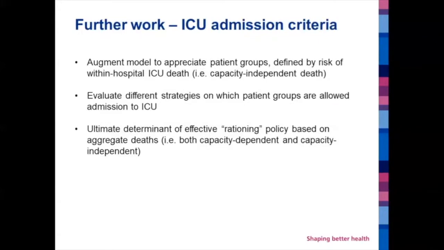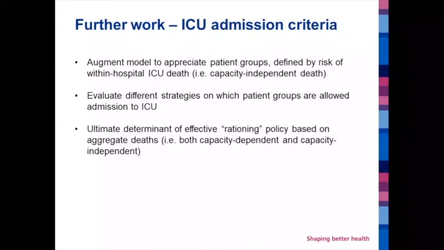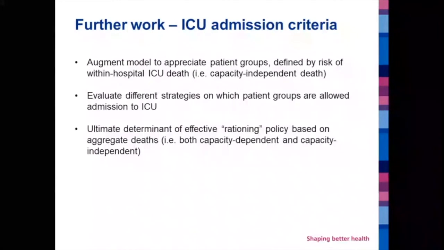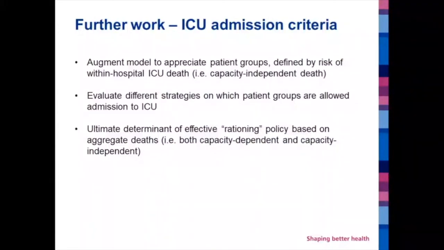So rather than treating everyone quite similarly, we set up patient groups where we can mark those groups based on different age and comorbidity conditions, and then look at rationing admission to intensive care based on the effect of age and comorbidities, through which patient groups we allow through within the model.